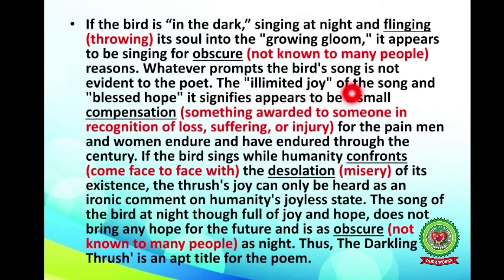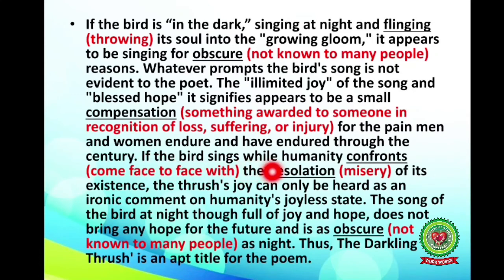The illimited joy of the song and blessed hope it signifies appears to be a small compensation for the pain men and women endure and have endured through the century. Compensation means something awarded to someone in recognition of loss, suffering, or injury. So, the illimited joy and the blessed hope of the bird song can do little to provide comfort to the suffering mankind. It does not provide any comfort to the suffering mankind.